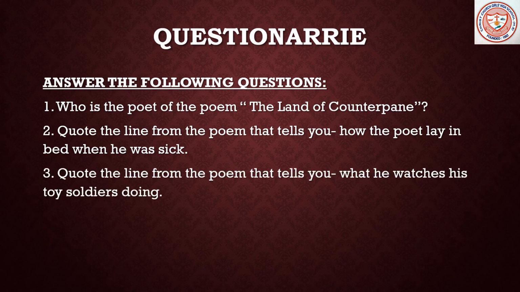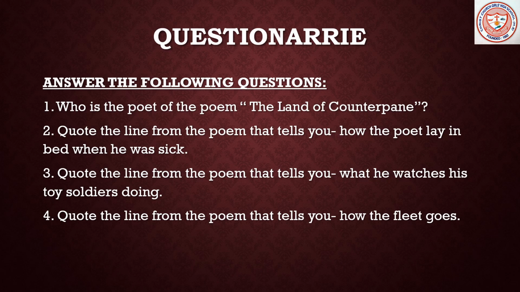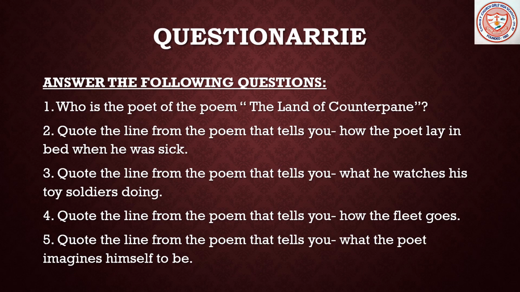Quote the line from the poem that tells you what he watches his toy soldiers doing. Next, number 4. Quote the line from the poem that tells you how the fleet goes. Next one, number 5. Quote the line from the poem that tells you what the poet imagines himself to be.